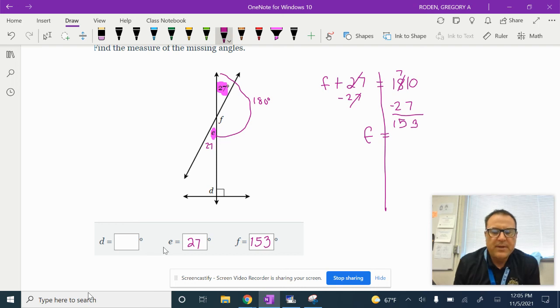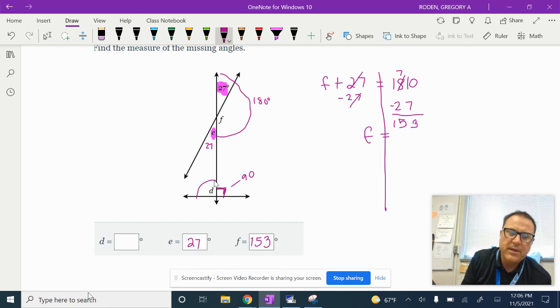All right, so D. D's down here. Well, what do you notice? This angle right here is a right angle. How many degrees are in a right angle? Yeah, well, 90 degrees are in a right angle. So if we go from here to here, my equation can be D plus the 90 degrees is equal to 180 because there's always 180 in a straight line.